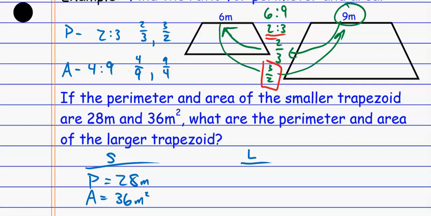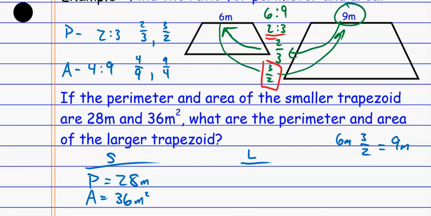And so here's the thing. If I were given one of the sides of the smaller trapezoid, let's say the 6 meters, I could use this scale factor to find the side of the larger trapezoid by just multiplying by 3/2, multiplying by the scale factor. And when you do that, you get the side length of the larger trapezoid.